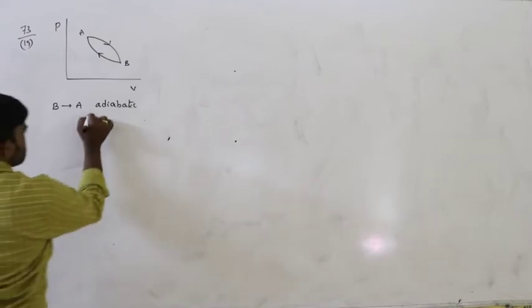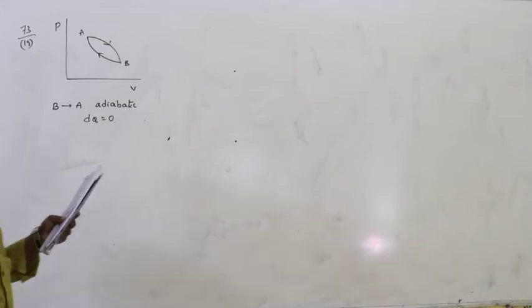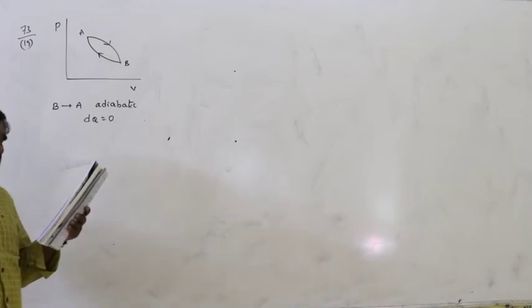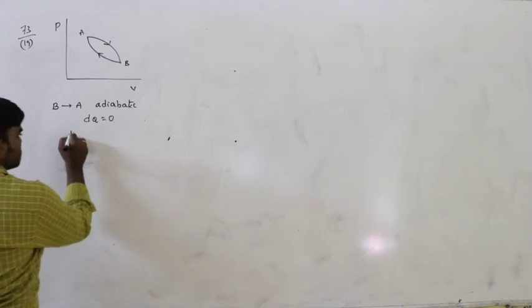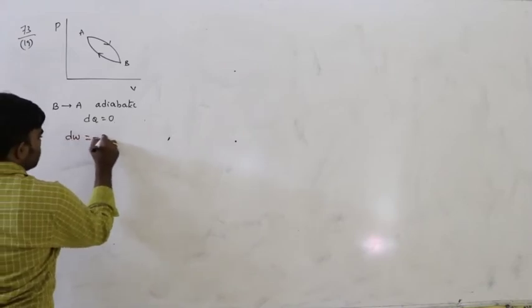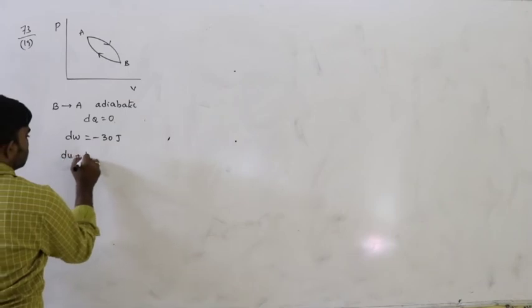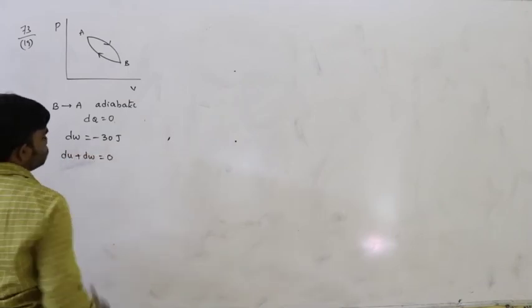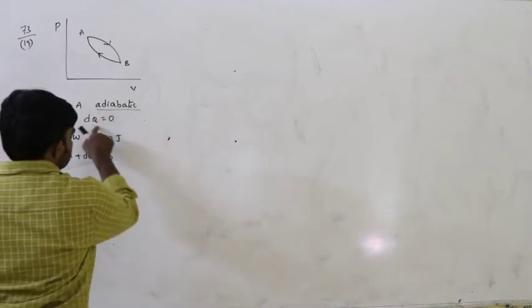Adiabatic process means dQ must be 0. What is given in the question? The ideal gas is adiabatically taken from B to A. The work done on the gas during that process B to A, so dW is equal to minus 30 joules. In an adiabatic process dU plus dW is equal to 0, because dQ is 0.